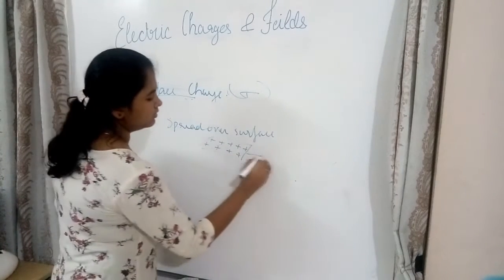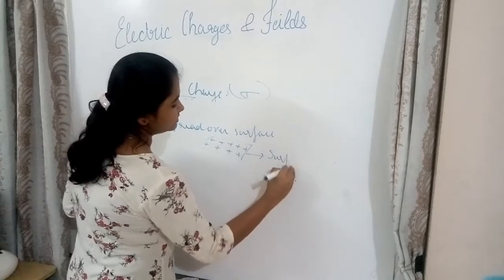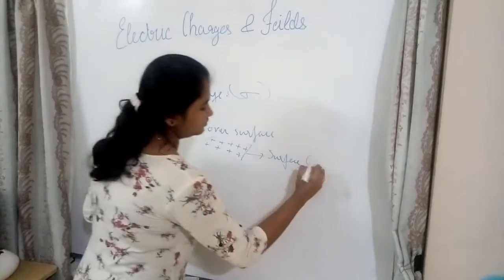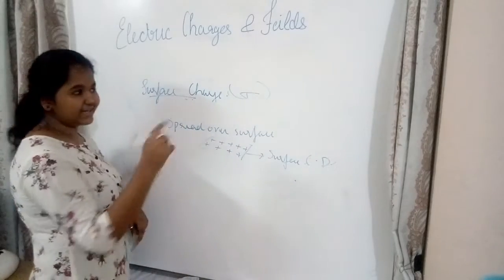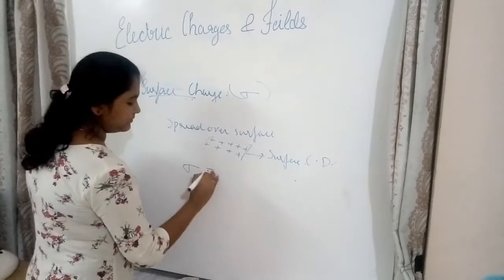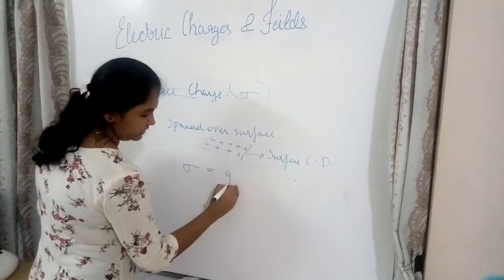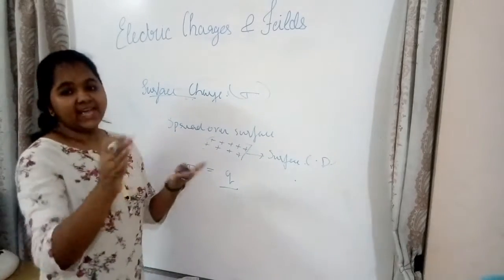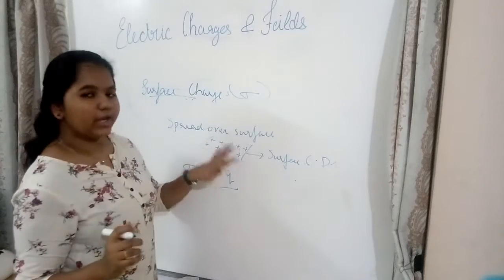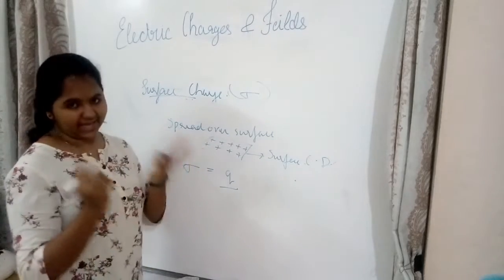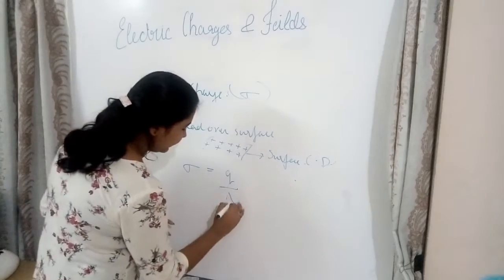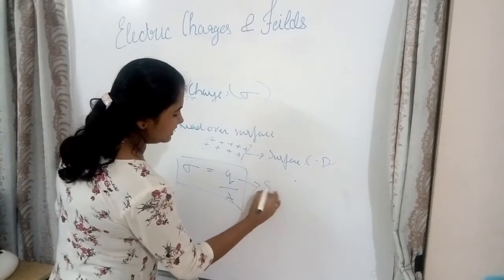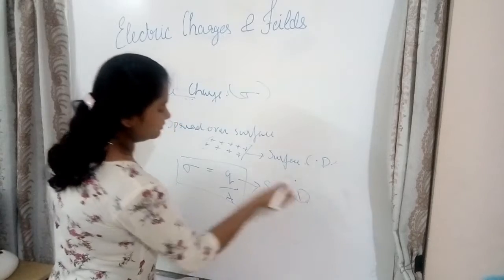Sigma is equal to Q divided by what? Over a surface, that is area. Let's assume the area of the surface to be A. So this is Q by A. This is surface charge distribution.